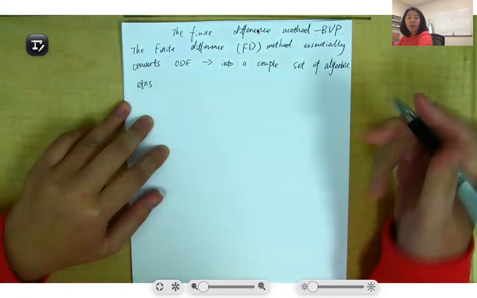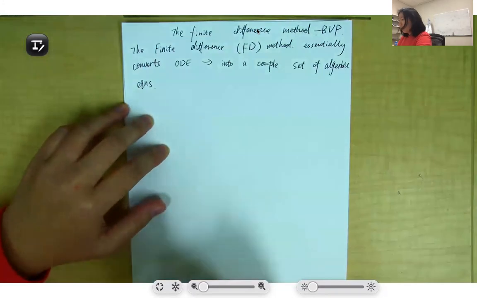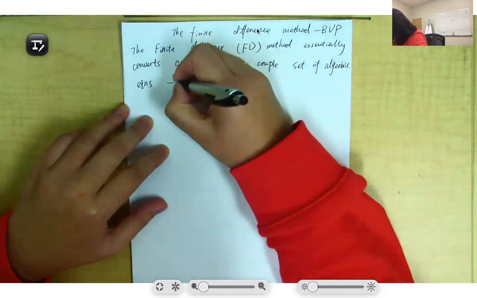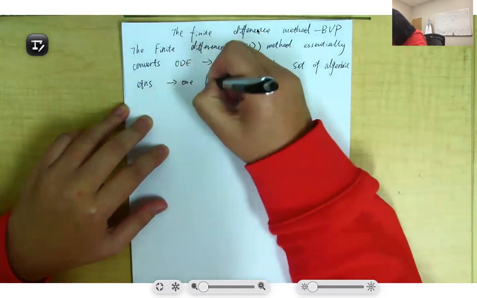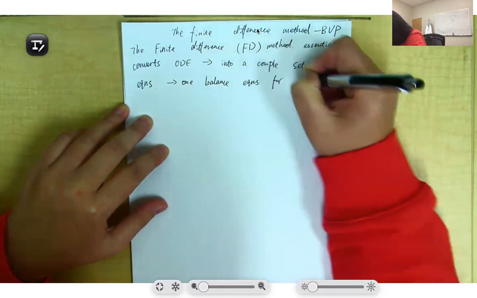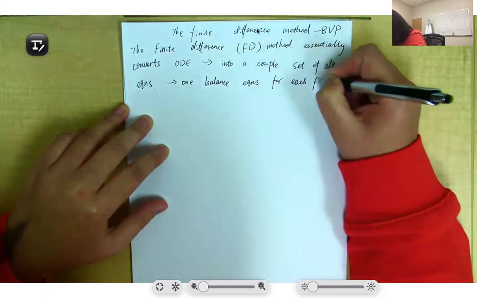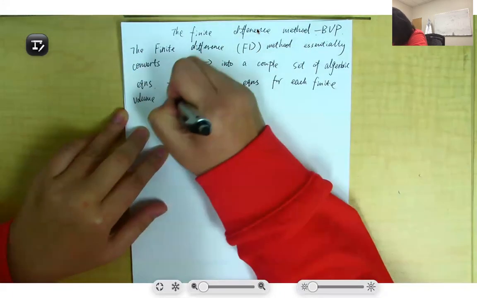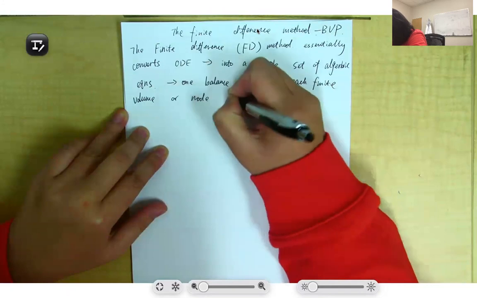And we will use one balance equation for each finite difference node or volume in the system.